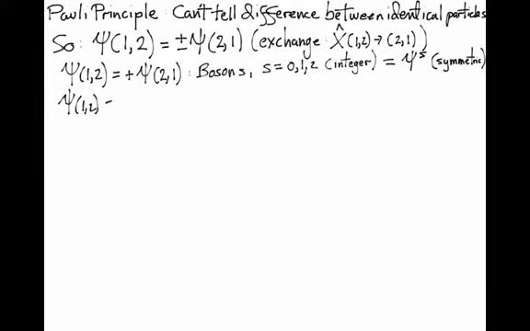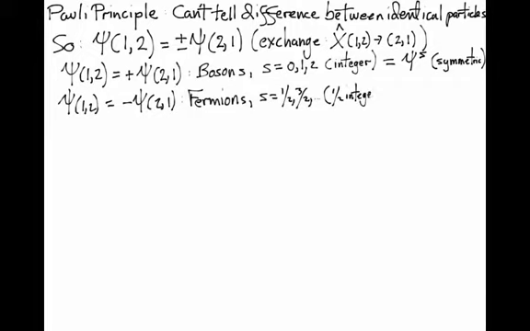Now, if psi 1, 2 is equal to negative psi 2, 1, those guys are called fermions, and the fermions are the ones with a half integer spin. And those are antisymmetric with respect to exchange. So the changing sign we call antisymmetry. And what Pauli says is that objects fall in one of those two categories.